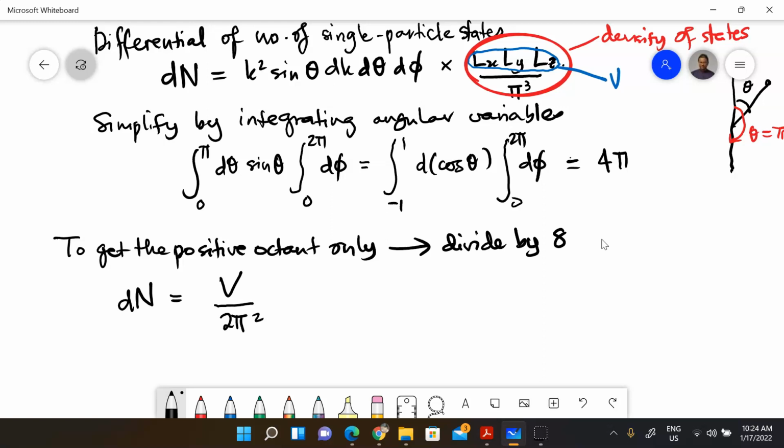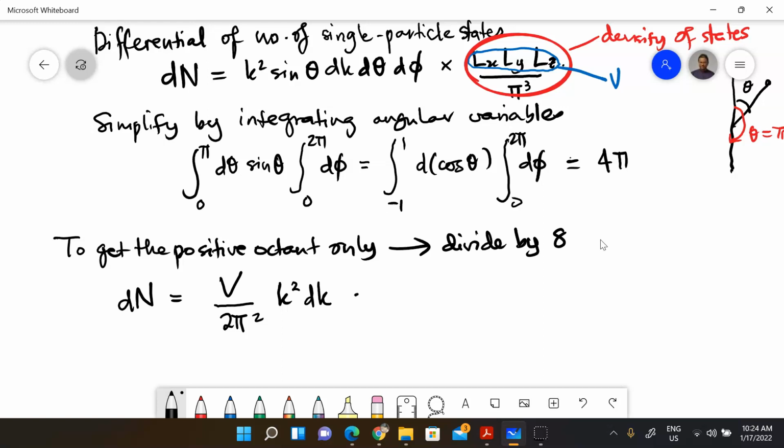The cube is gone due to this 4 pi at the top, and then you get pi squared at the bottom. And remember, we have divided this by 8, so 4 over 8 gives a factor of half. And then this is now reduced to only the element that involves the magnitude of your k.